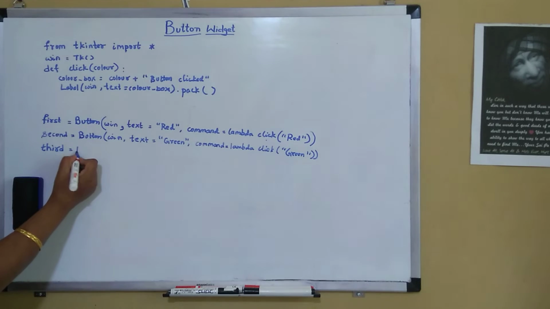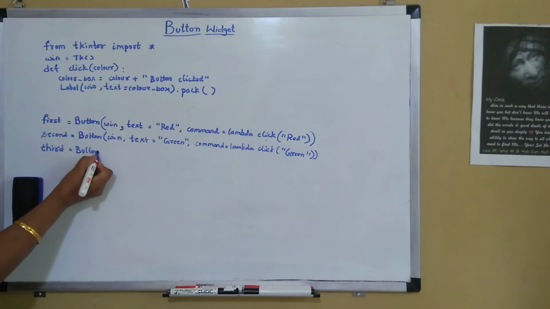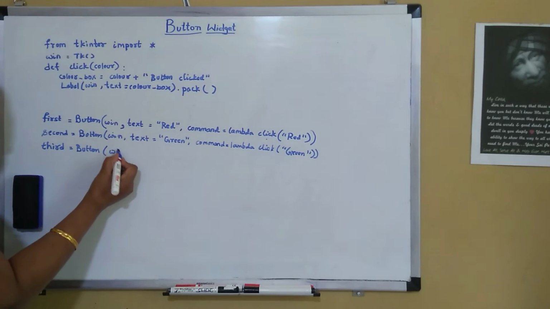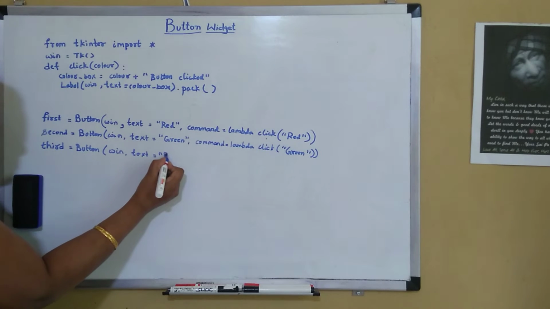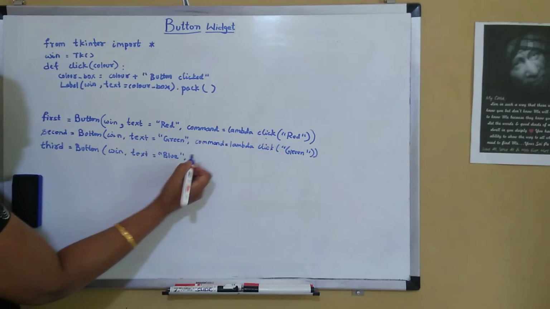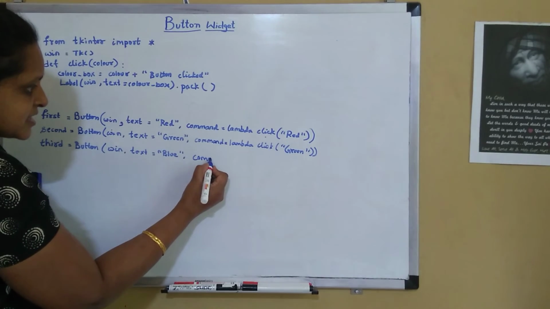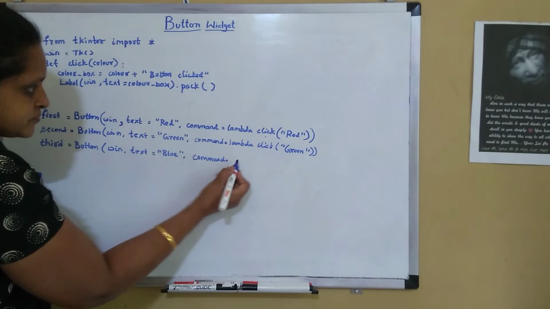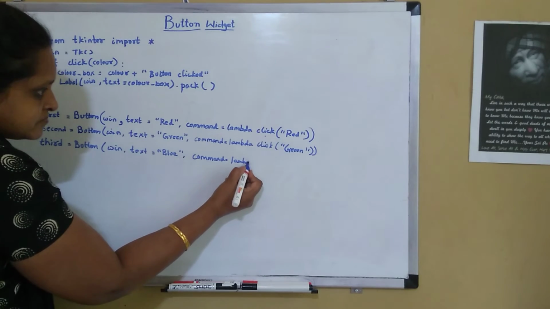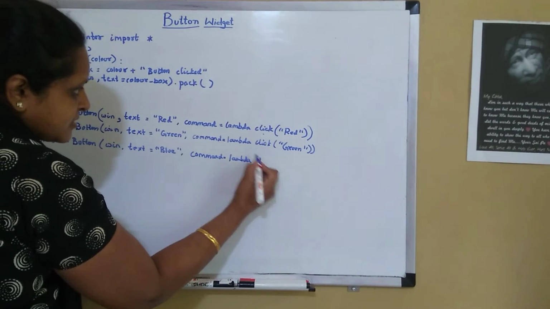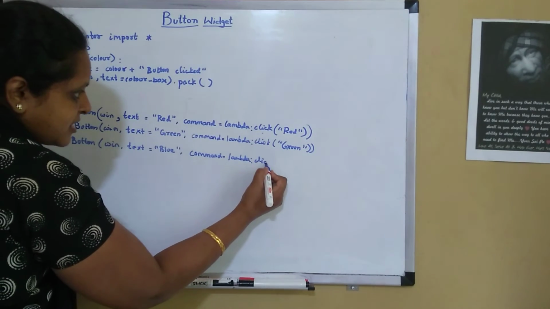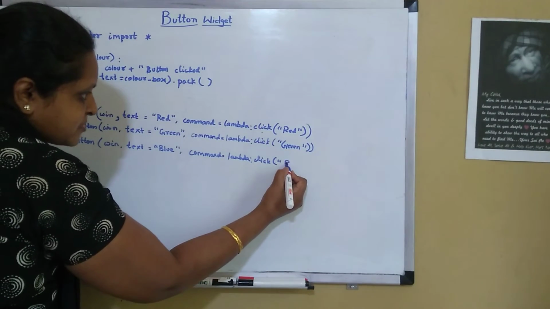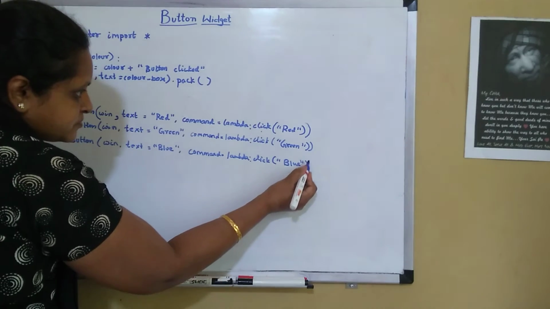Similarly, third equal to Button, it is in the main window, text is equal to blue, and my command is equal to lambda colon click, and then I have to specify blue.